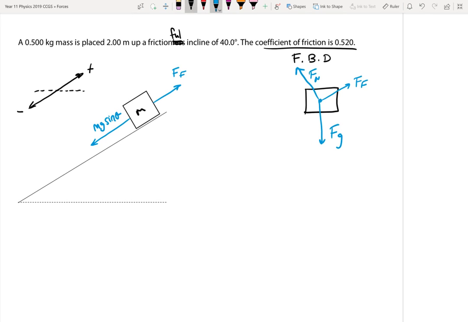We've got to do a side mission because we weren't given friction. So now it's the coefficient times the normal force, but now N is no longer mg, it's mg cosine theta, so it's going to be mu s mg cos theta.